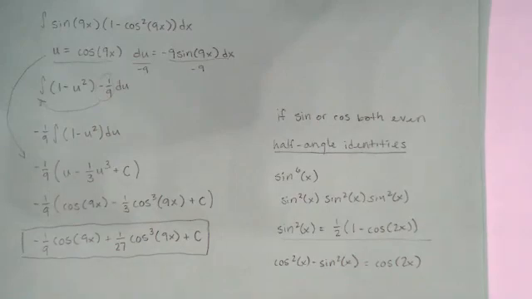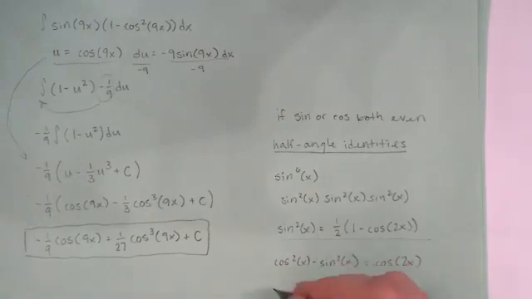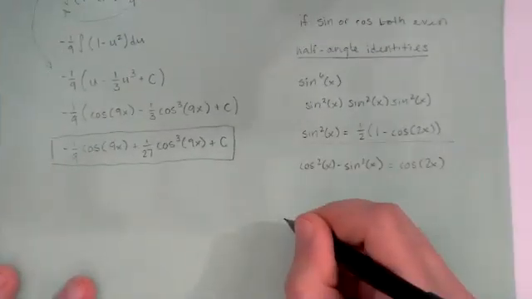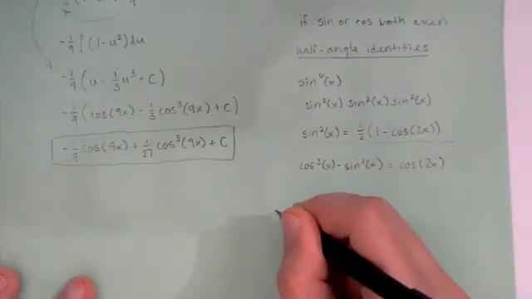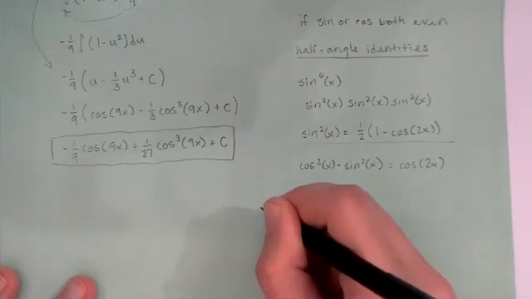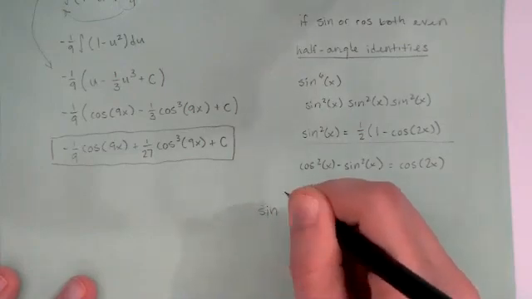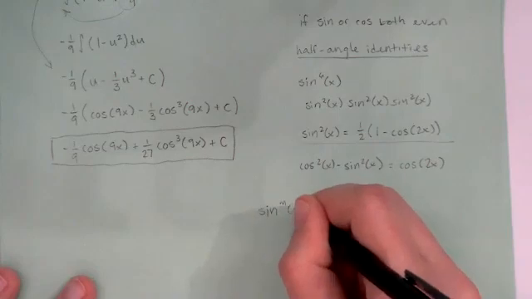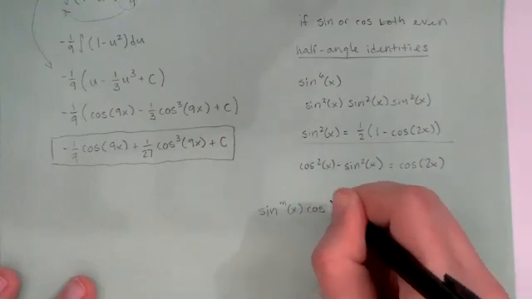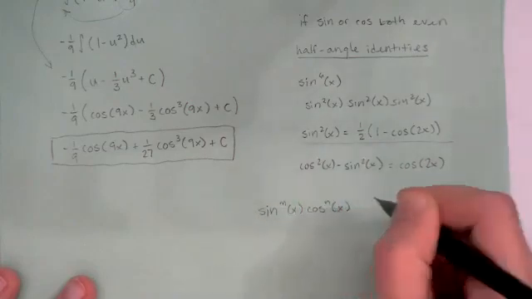Yeah, and so some other tricks when it comes to these trig identities and trig integrals. Say that you have a sine to the m of x and a cosine to the n of x.